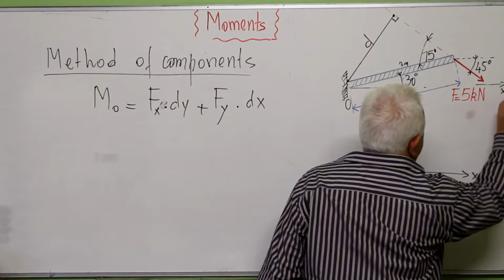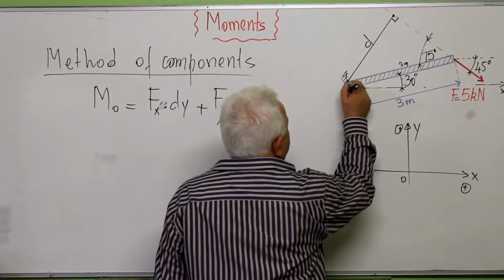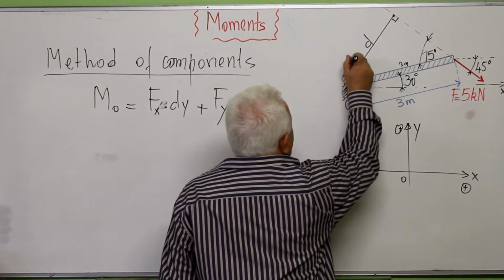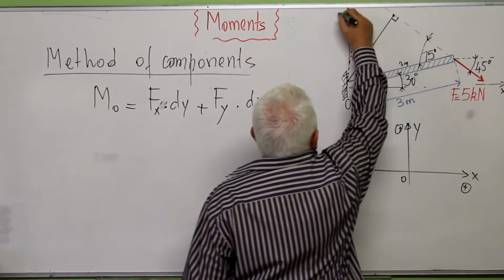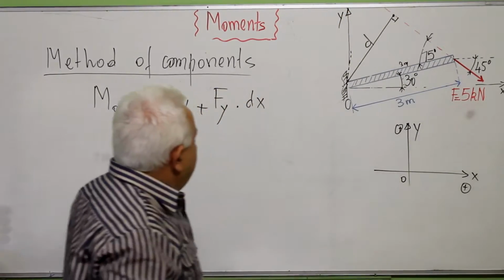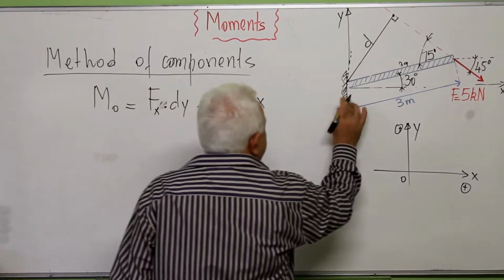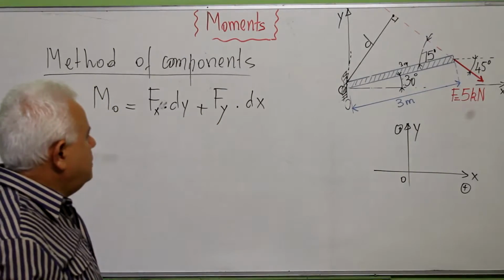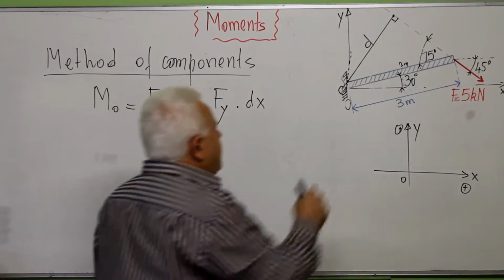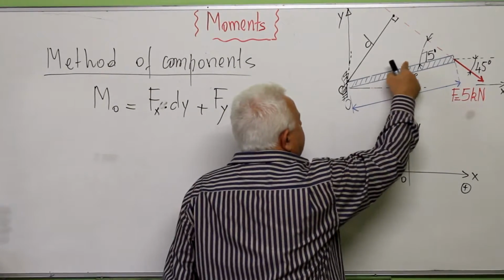So my x-axis is here, and the y-axis is that point. My rod is 3 meters.